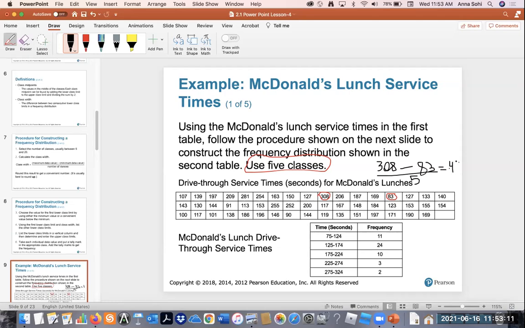You could use 45 as your class width, or you could go higher. I suggest, in this case, we round up to 50. Again, you could keep it 45, 46, 47. For convenience of setting up the table, you can always round up. You go up by 5. You don't have to. You could keep 45.